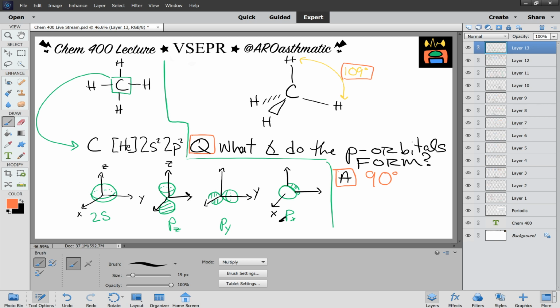All right. And this is the question that chemists were asking, that physicists were asking, because they'd been able to observe bond angles, right? They knew the geometries that these molecules had, and they weren't lining up with our knowledge of atomic orbitals.